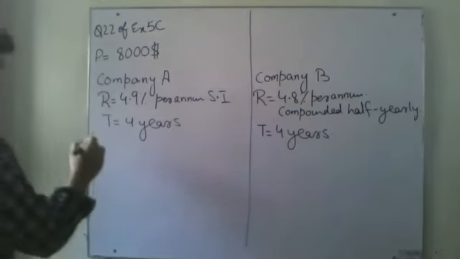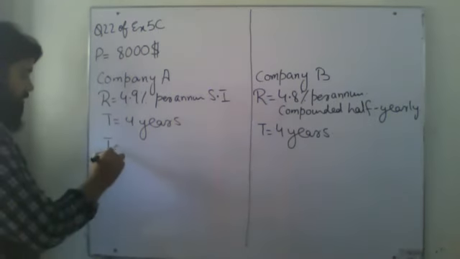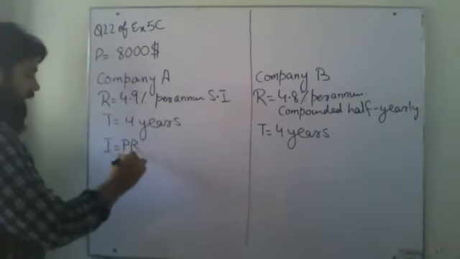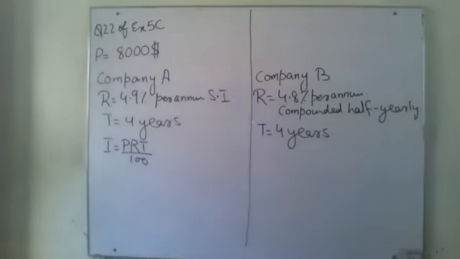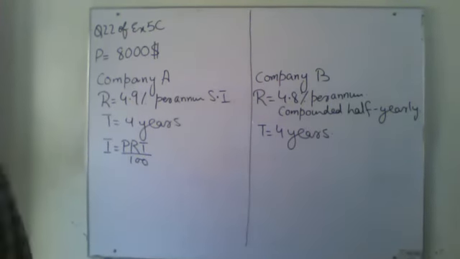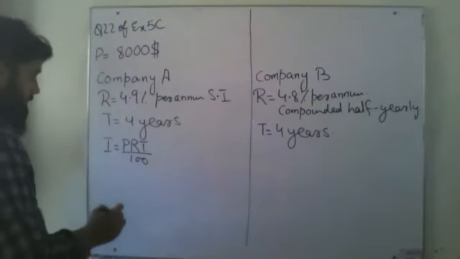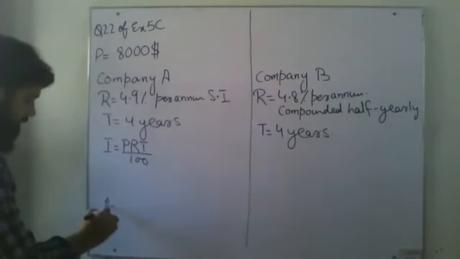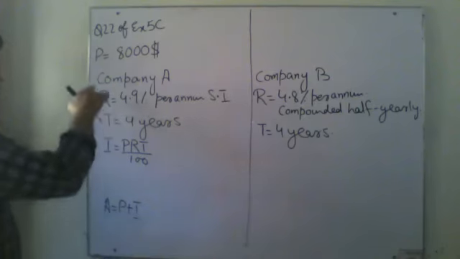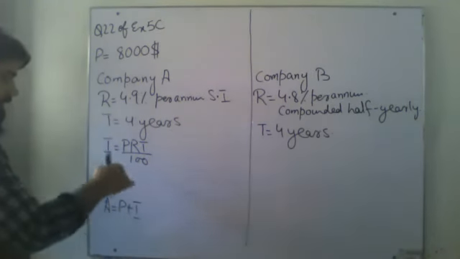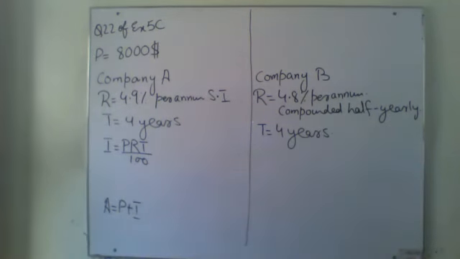First of all, over here, I equals PRT over 100, because I have to find the total amount, and the total amount formula is A equals P plus I. P I have got over here. I have to find I to solve my question.